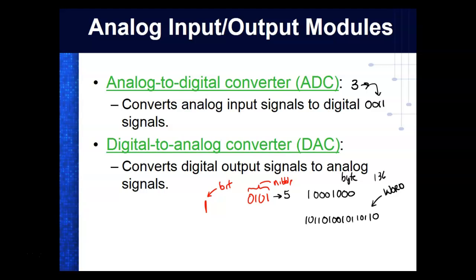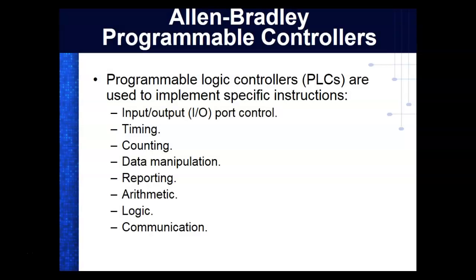A digital to analog converter, we would give it a number like 3, and then the digital to analog converter would output like 3 volts. That makes sense? So to understand A to D and D to A converters, we're going to have to understand how to convert between these numbering systems a little bit, guys. So that's one of the things that we're going to deal with in our next lecture, I think.